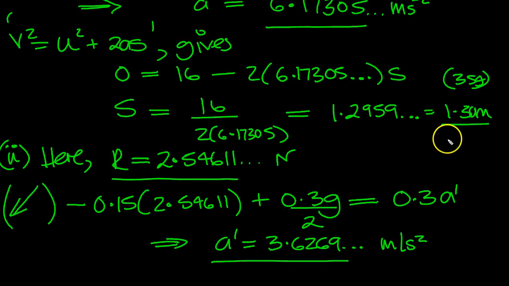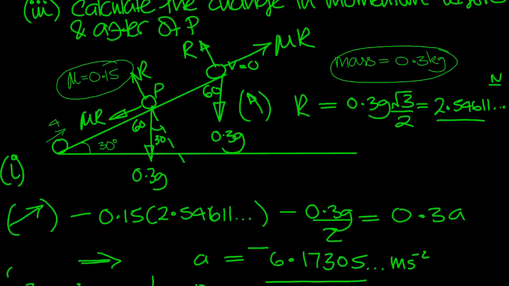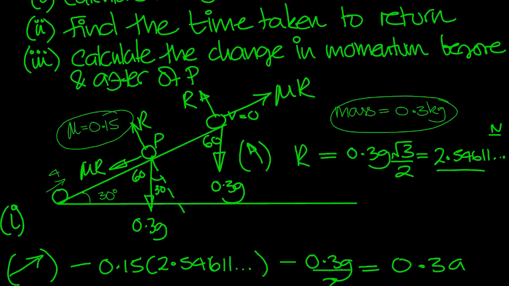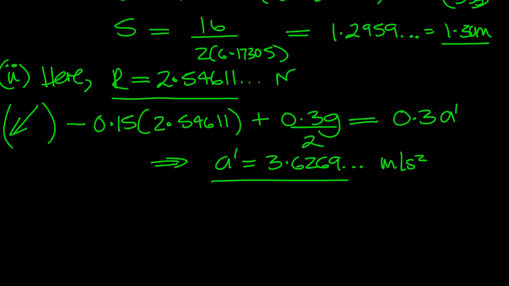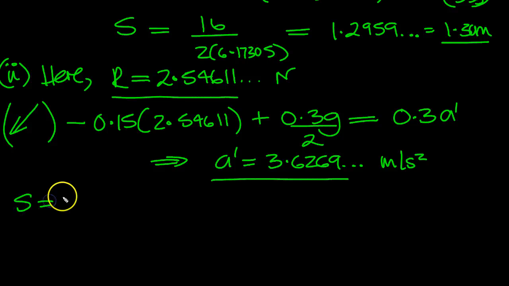We know the distance is 1.2959, so we can get the final velocity. We need the time taken though, don't we? So s equals ut, the initial velocity is 0, plus half at squared. So that's 0.